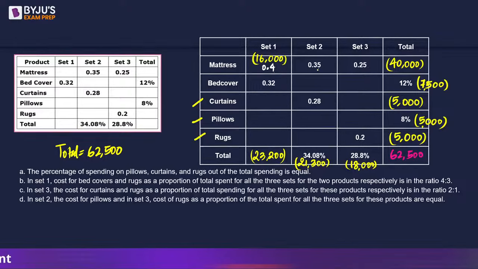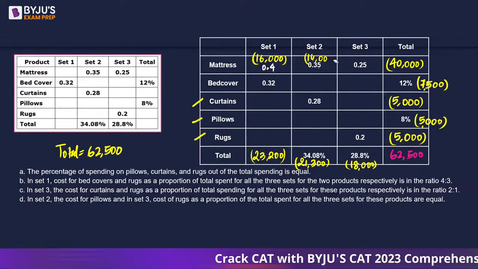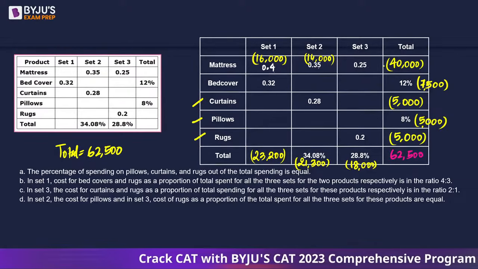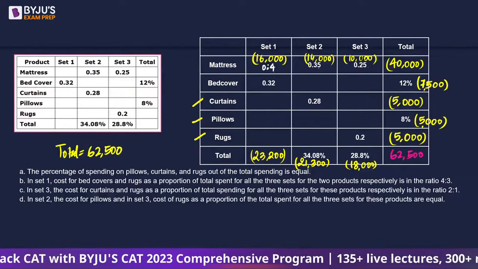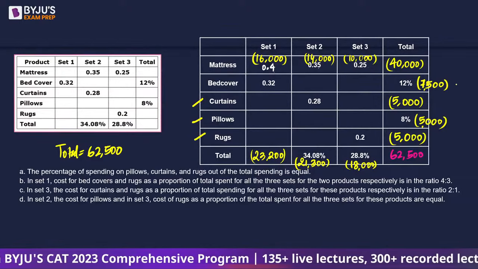Now 35% of 40,000, 35 का double 7, and then that will give us 14,000. 7 का double 14. 25% of 40,000 is going to be 10,000. या फिर ऐसे देख लो 16 plus 14 plus 10 is 40.